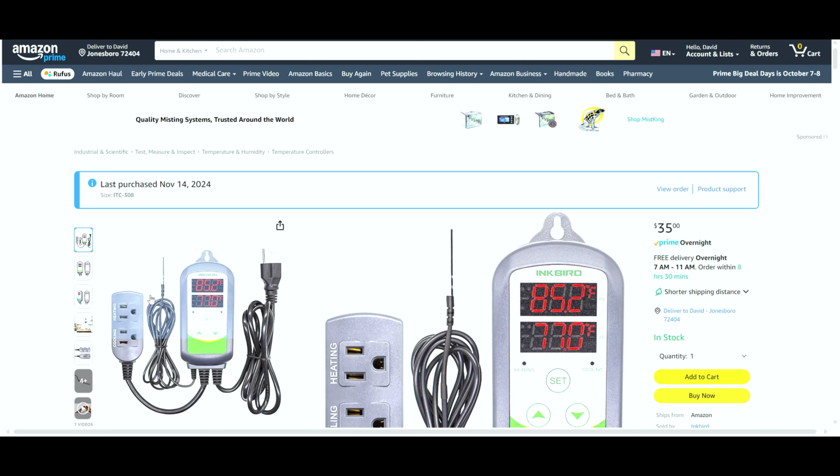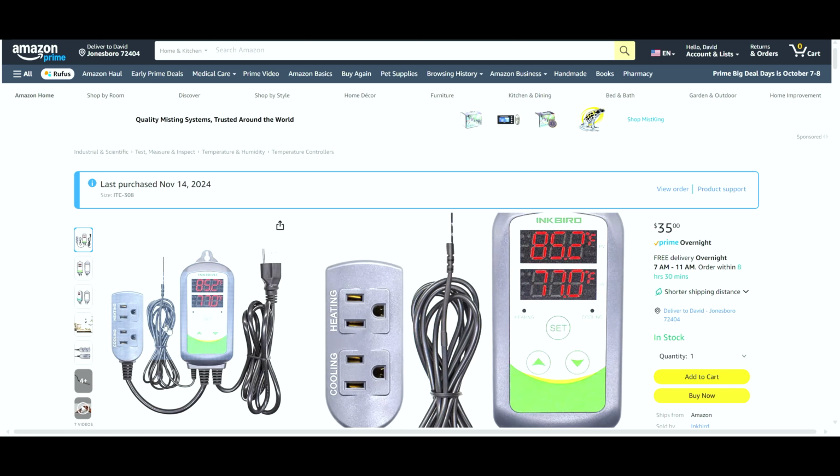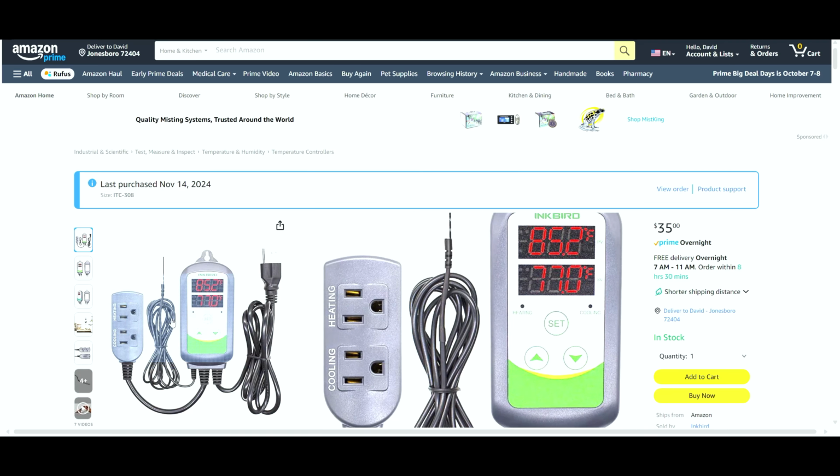So when the temperature becomes 41 degrees, so more than 3 degrees above the 37 degrees that I set it to, that cooling plug becomes energized, which starts the freezer. The compressor kicks on and it begins cooling down. Now, of course, it's a freezer, and regardless of where I set it, it's going to want to get below 32 degrees.